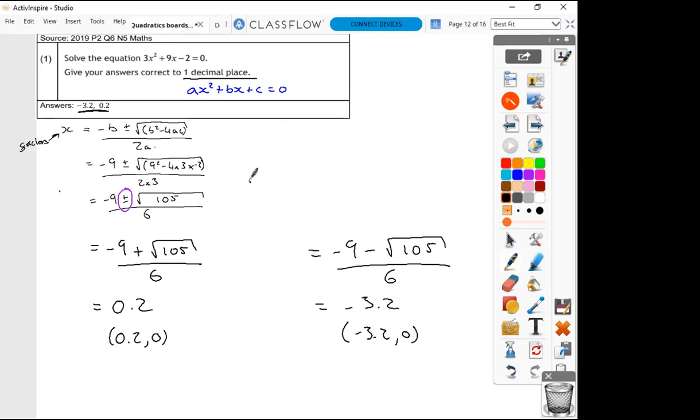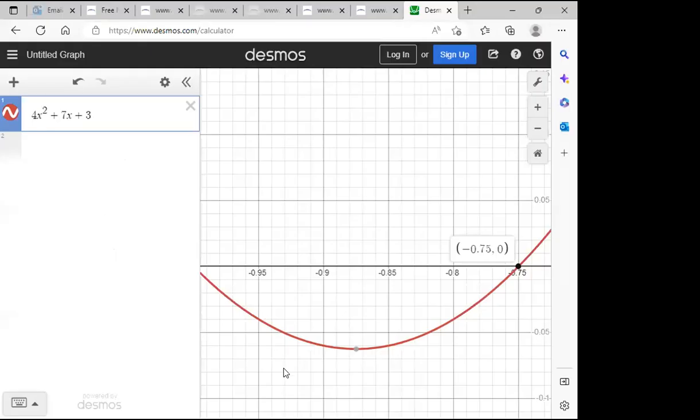Okay, I'm just going to throw this into Desmos. Remember what it was: 3x squared plus 9x minus 2.